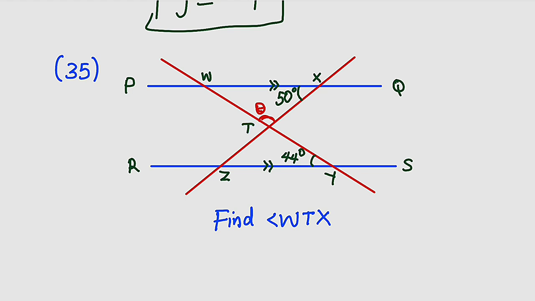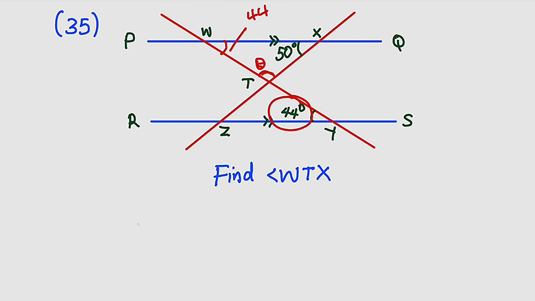So this implies that this angle is alternate to this one, right? So this particular one will be 44 degrees as well. And we have a triangle here, and you remember that the sum of all the interior angles of a triangle equals 180. So if we add 44, 50, and theta together, we are going to get that 180. So 44 degrees plus 50 degrees.